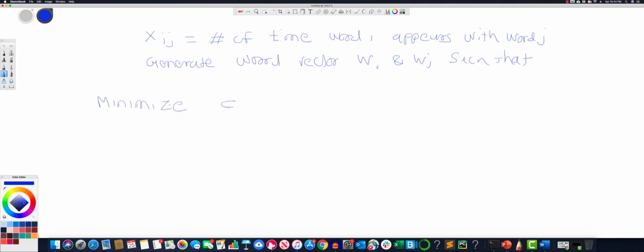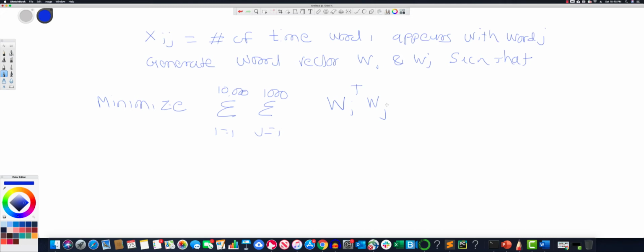which is the sum from i = 1 to, let's say there are 10,000 words, j = 1 to 10,000 words, of wi transpose wj.